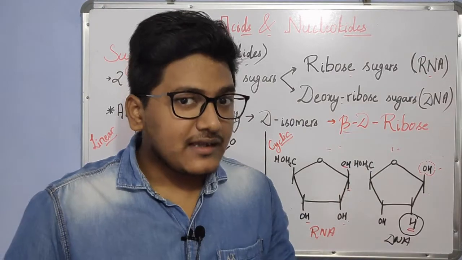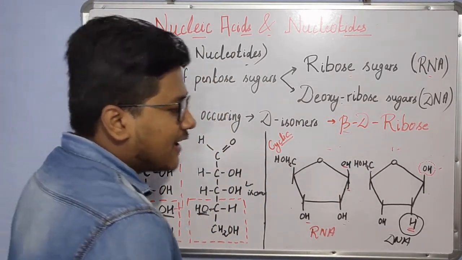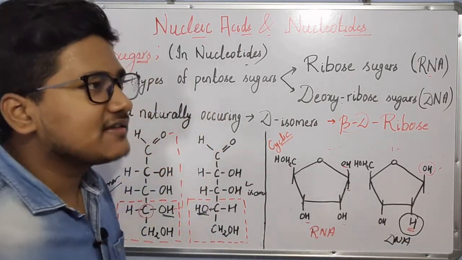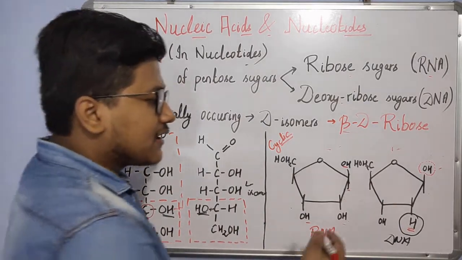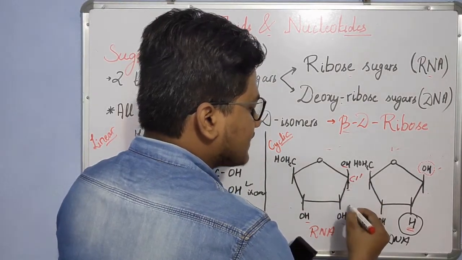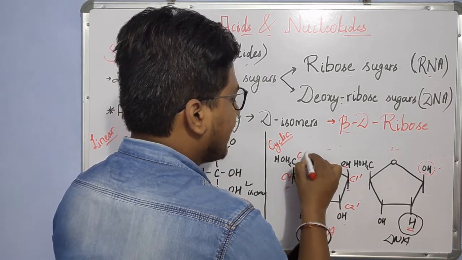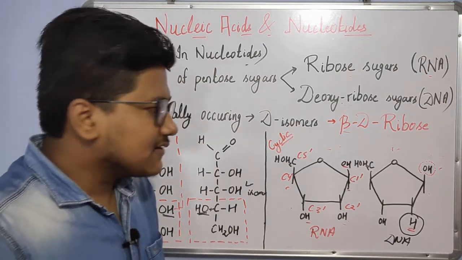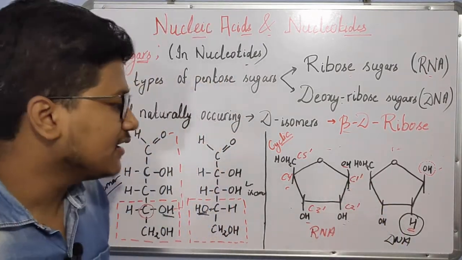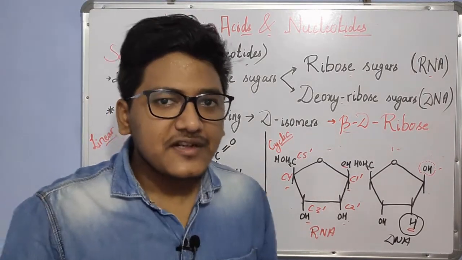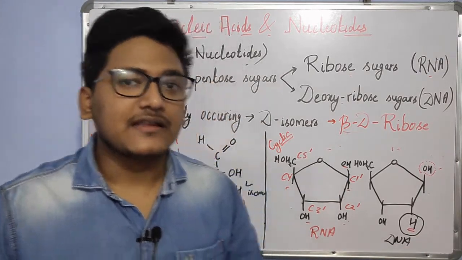Now, there is one important thing we must notice: the naming of the carbon atoms in the ribose sugar is not the same as that of the nitrogenous bases. In ribose sugar, the carbon atoms are named C1', C2', C3', C4' and C5', with a prime, because we need to differentiate them from the carbon atoms in the nitrogenous bases.